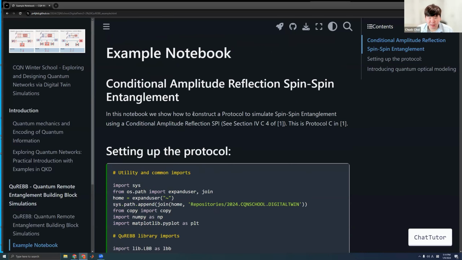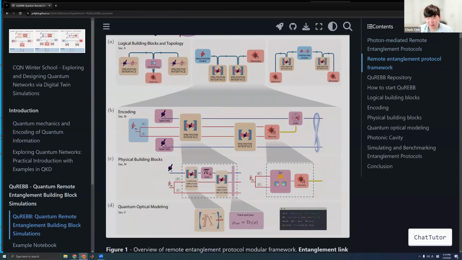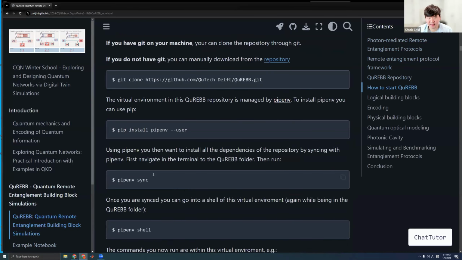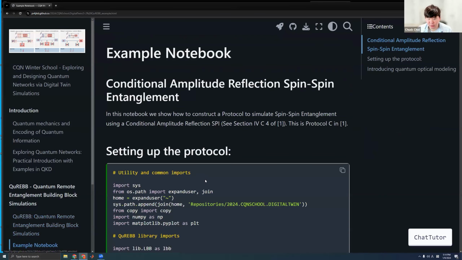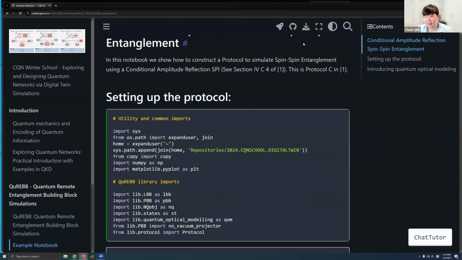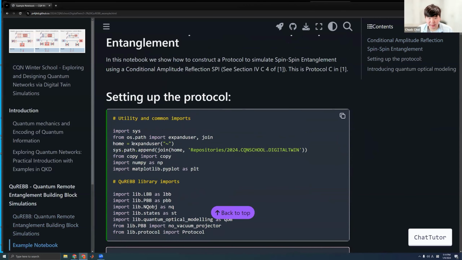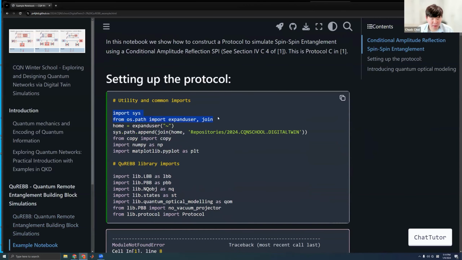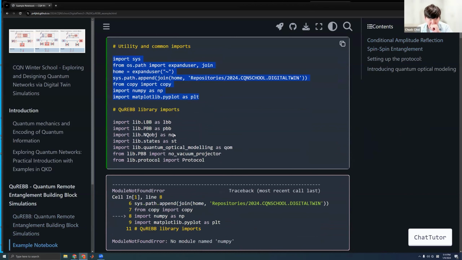So after installing the QRAP on your machine, you can follow these kinds of instructions. You can now use your QRAP, and you can also do it in Colab. Then we need to import the packages, which are all included in the pip environment.